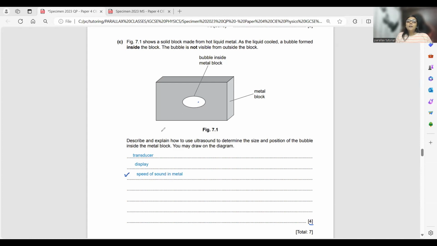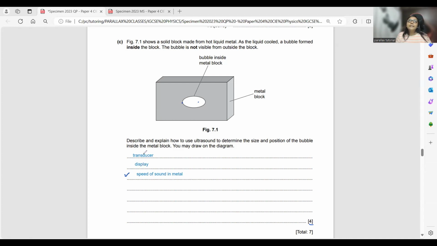Another principle over here is ultrasound will either get blocked or it will retrace back. That is, it will get reflected when it hits the air bubble or it will get absorbed. So it will get blocked altogether and will not pass through the air bubble. That is the second thing which you should be aware of when using ultrasounds. You should have a display.